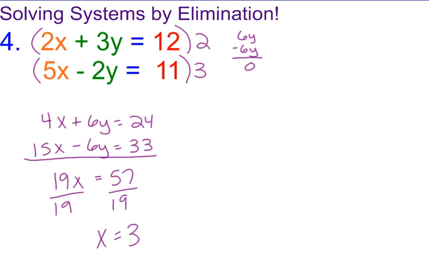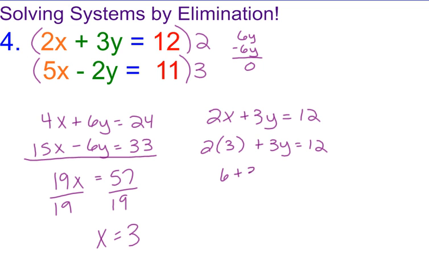Now what I'm going to do is I'm going to take one of my original problems and substitute 3 in for x. So I'm just going to copy the first one. 2x plus 3y equals 12. And where that x is, I will replace that with the 3 I just found. So I end up with 6 plus 3y equals 12. So we go ahead and solve this equation for y.